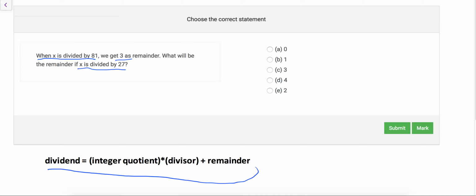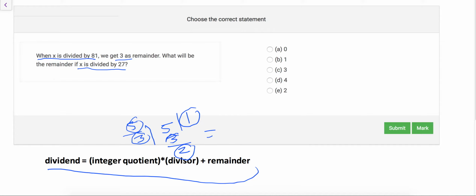For example, if 5 is our dividend and we divide 5 by 3, then we get 1, so here 1 is our quotient, 3 is our divisor, 2 is our remainder, and 5 is our dividend.